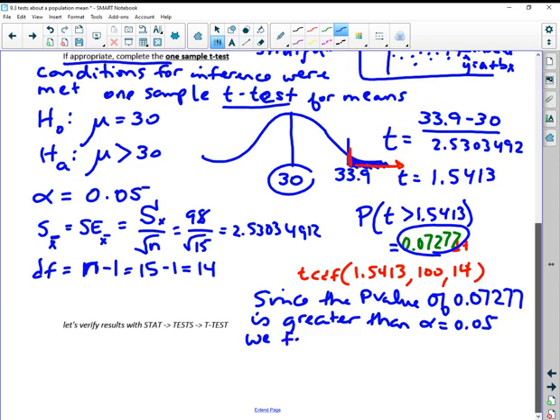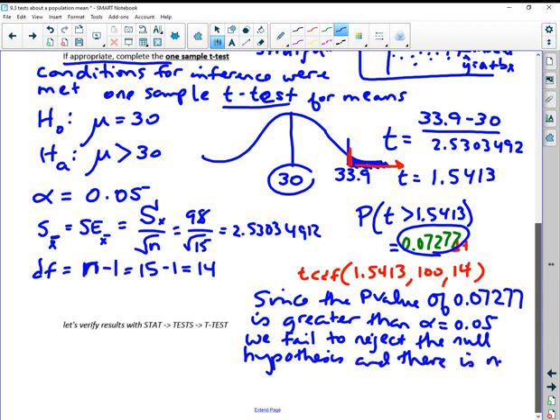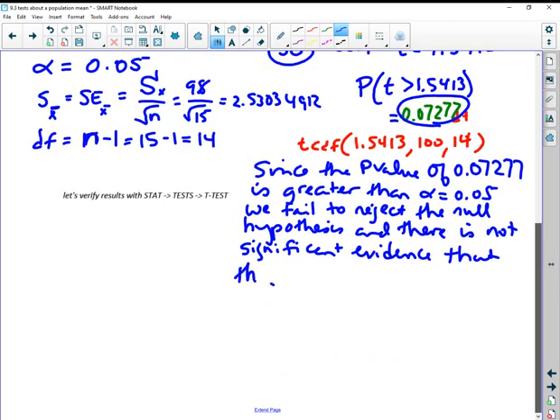We fail to reject the null hypothesis, and there is not significant evidence that the batteries last longer.